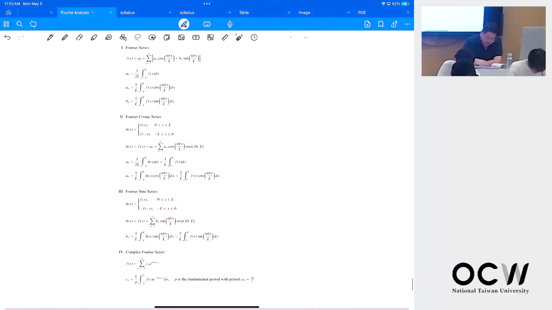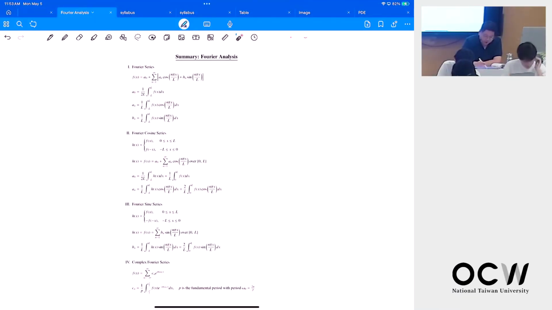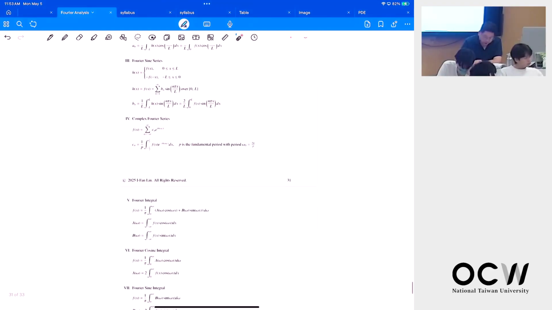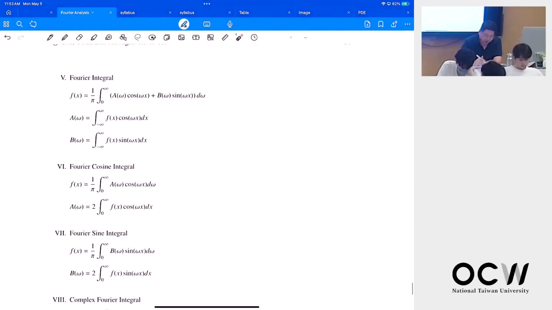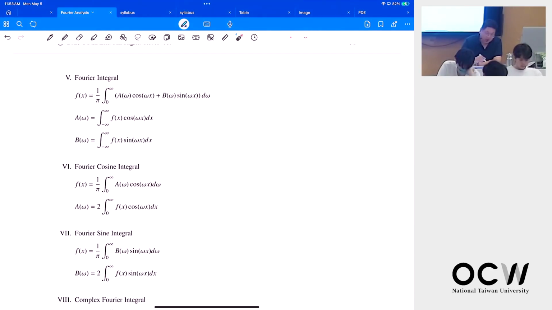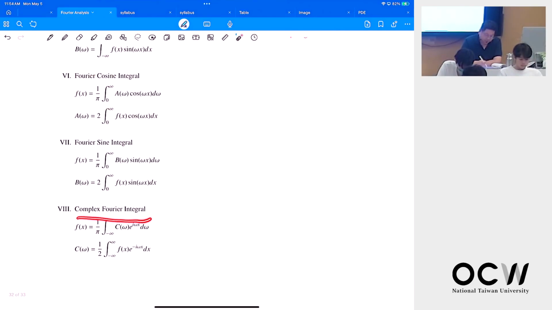You see that if I have a question for this, there are 1, 2, 3, 4, 4 questions, then every time you need to find a coefficient. And then we talk about the Fourier integral, or Fourier cosine and Fourier sine integral. Again, you need to know how to express the Fourier integral and also find out their coefficient. And also for the complex Fourier integral, how do you find the coefficients? Okay.